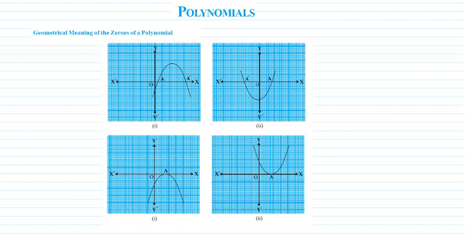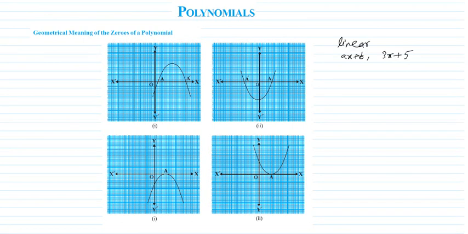The geometrical meaning of the zeros of the polynomial is that the graph of the polynomial will cut the axis at a given point. If we talk about the linear polynomial, where the standard equation is this and the example is this, it will have only one root.